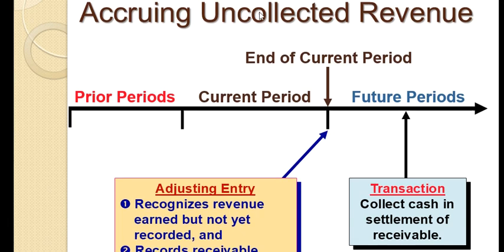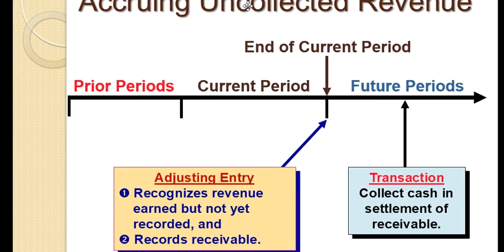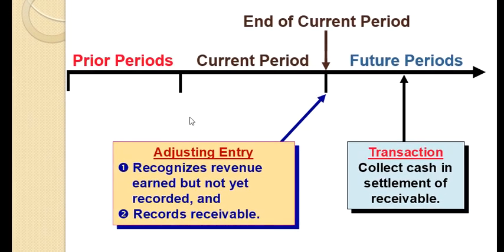Accruing uncollected revenue means services are rendered, products are delivered, and we have not yet received cash, but your services are earned. You recognize the revenue earned but not yet recorded, and record the receivable, and in a future time you will collect the cash in settlement of the receivable. Simple, you are again going from current to future time.